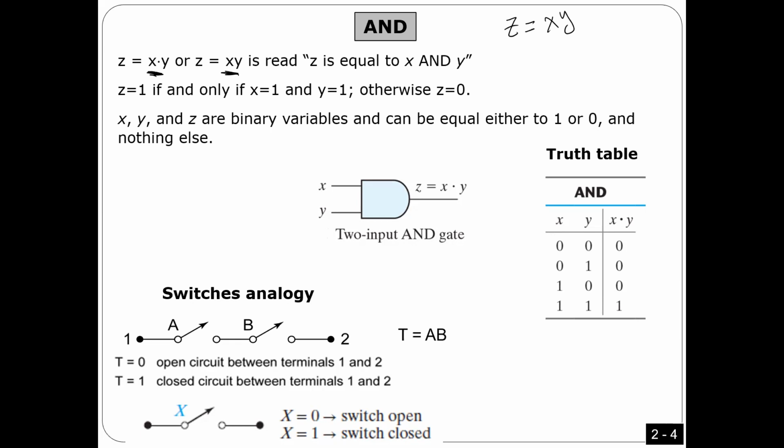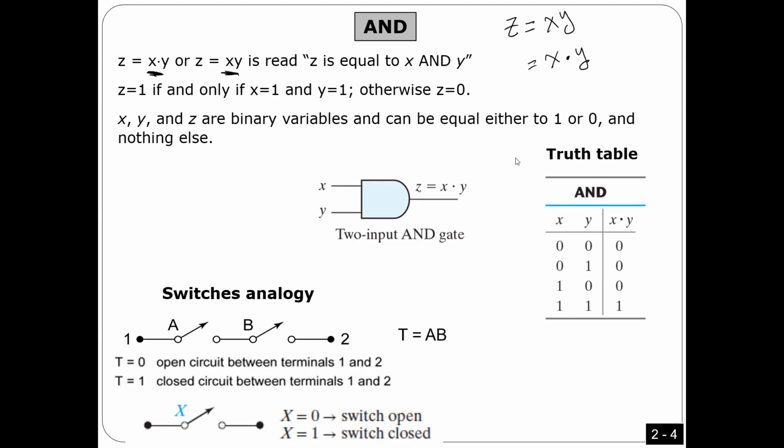This is X AND Y. Or sometimes I make it this way: X, then a dot, then Y. Either one means AND. That means I have a variable X and a variable Y, and I do the AND operation. The result goes to Z. Is that okay?